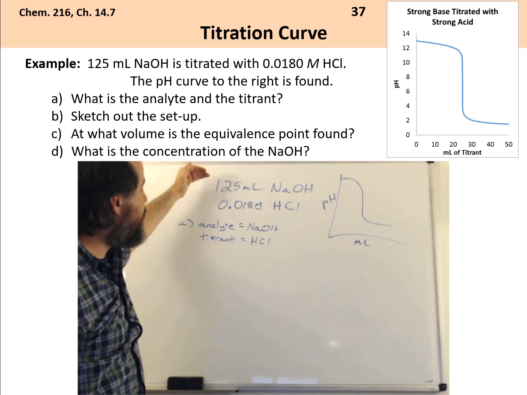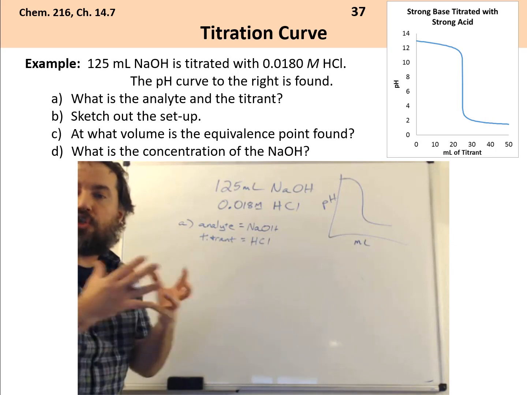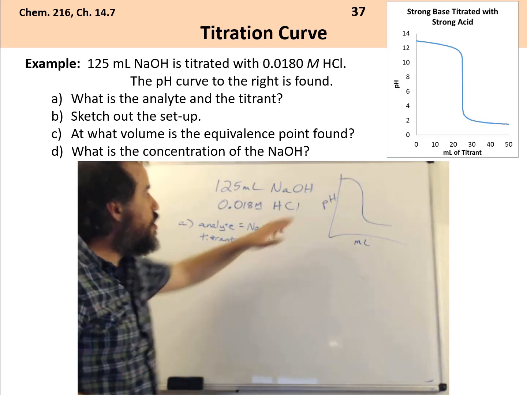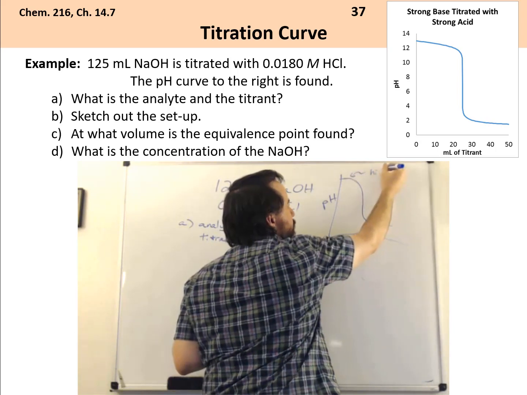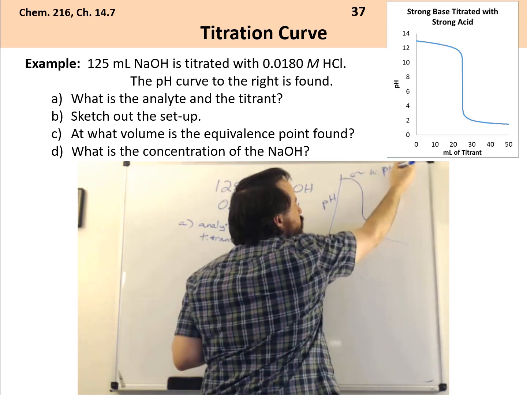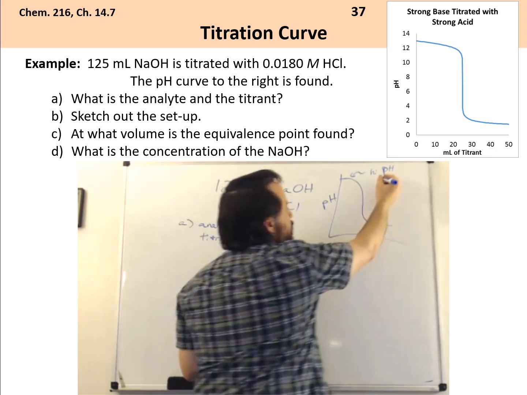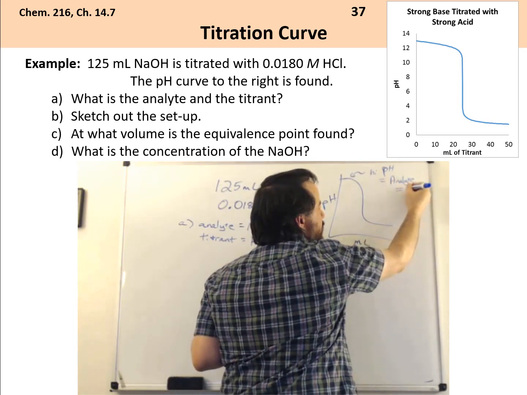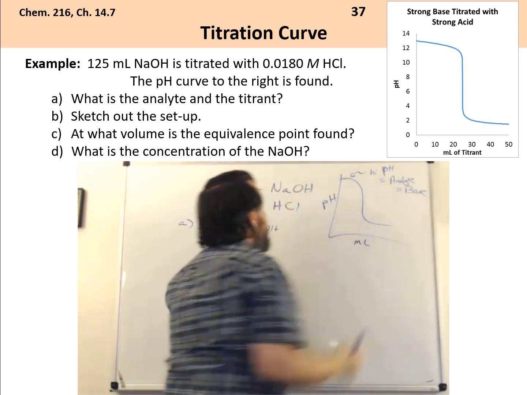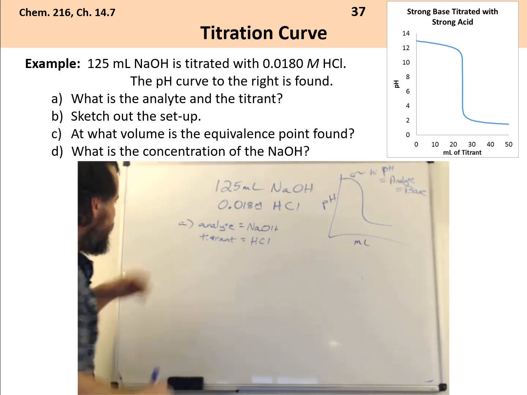It also happens that the analyte is what I start with. Notice at the very beginning I have a high pH. If I have a high pH, that means my analyte must be a base, in this case NaOH. All right, B.